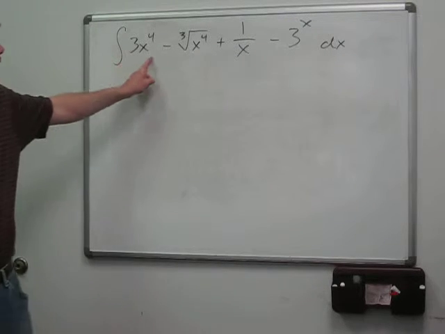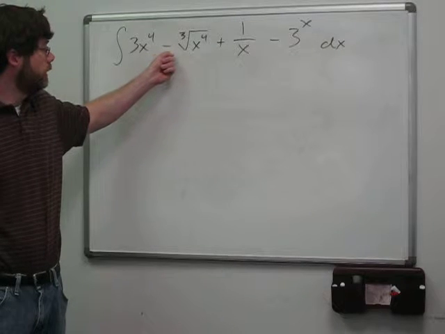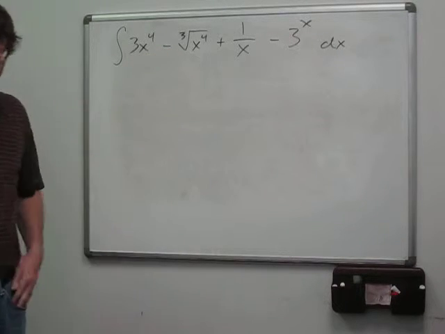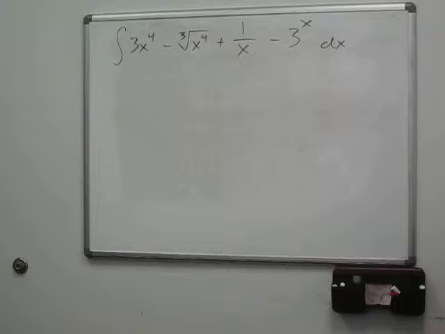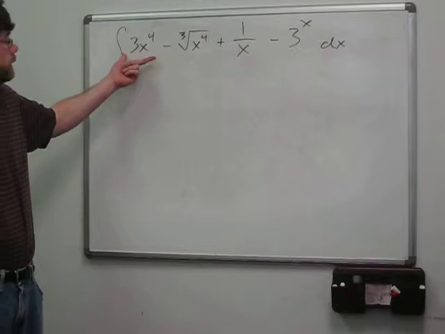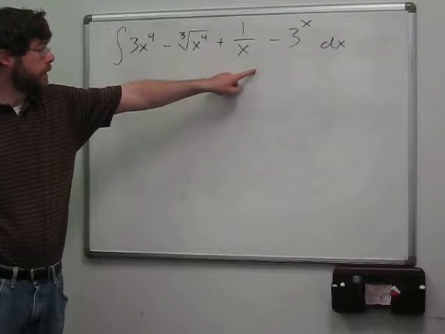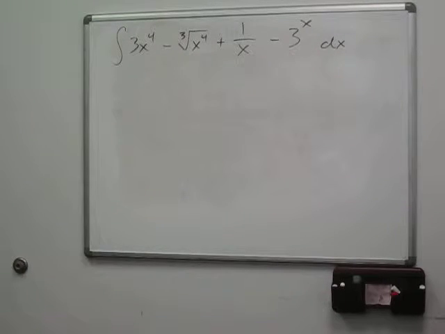Now we have a number of terms that are either combined through addition or subtraction. So when we find the antiderivative, we're simply going to take the antiderivative of each term and add or subtract as appropriate and tack on a constant c at the end.